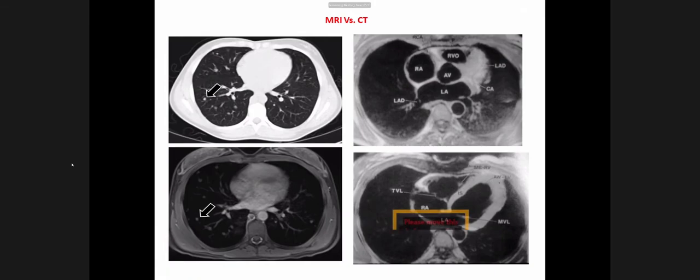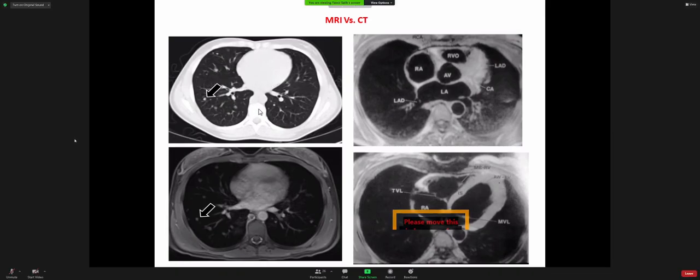So if you ask about the section or plane, all of these are axial or transverse. Doctor, only the one on the left is the CT, right? Yes, this is CT, but the other remaining are MRI.